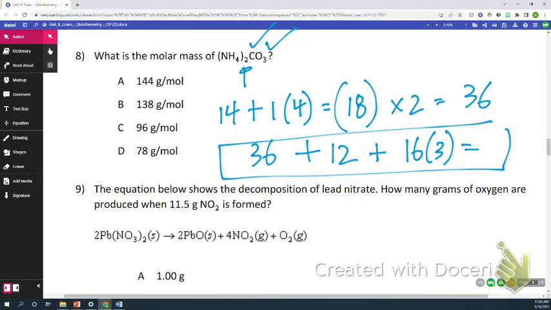So 36 plus 12 plus 16 times 3, 96. I keep saying I'm not going to do it and that you should just do it, but I end up doing it, right? 96 grams per mole. You're just adding them all up carefully. NH4, add that up. There's 2 of them. Multiply by 2. Then add a carbon, and then add 3 oxygens. You have to add up the total, okay?